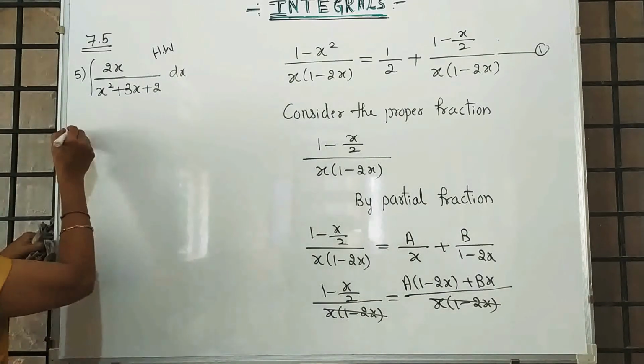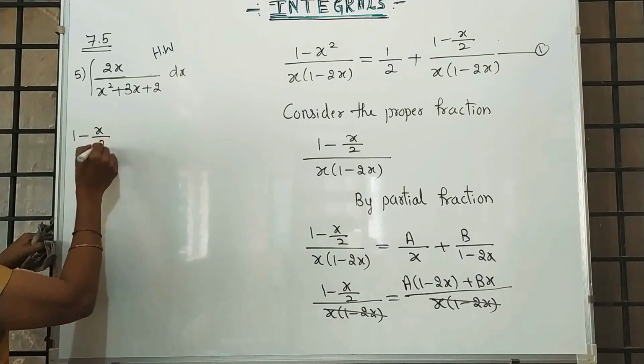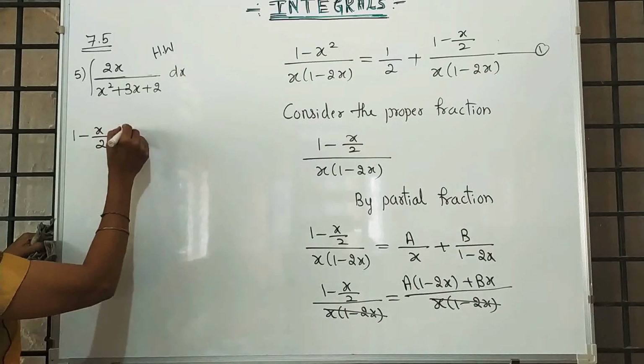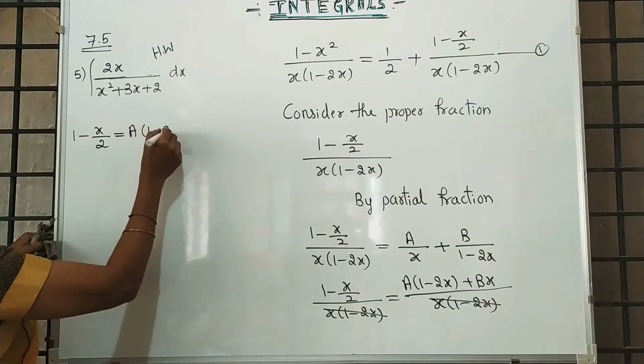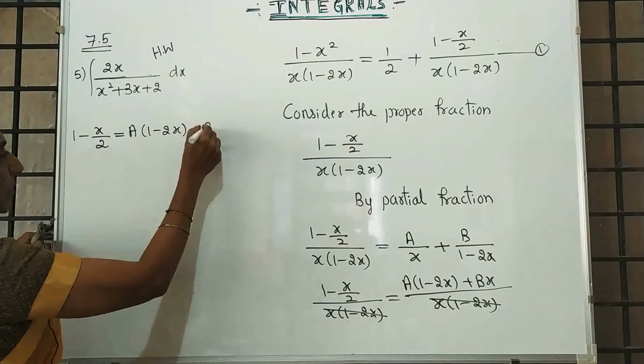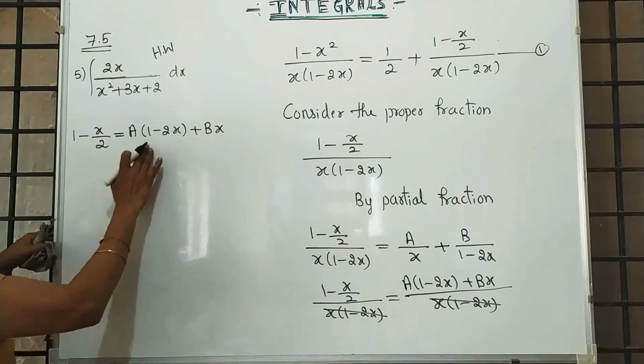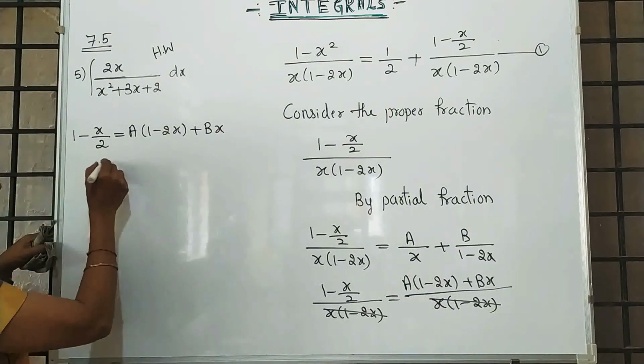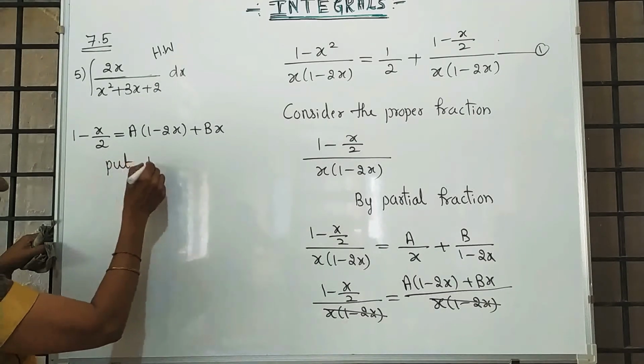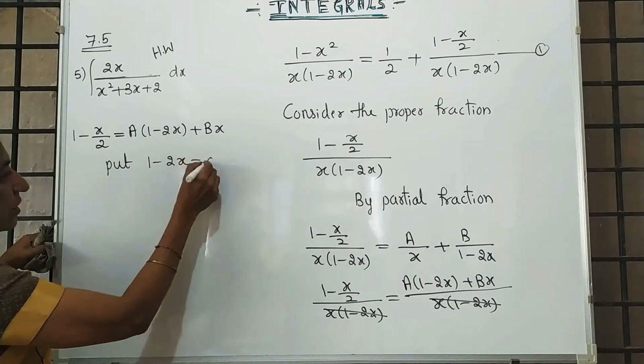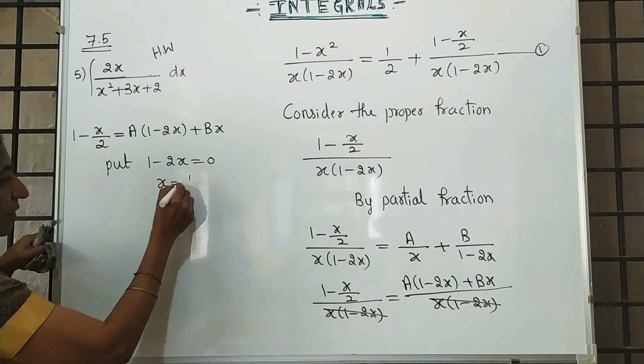So what is remaining? 1 minus x by 2 is equal to A into 1 minus 2x plus B into x. We have two different linear factors on the right side. Select one by one. Put 1 minus 2x equal to 0 and x will be 1 by 2.